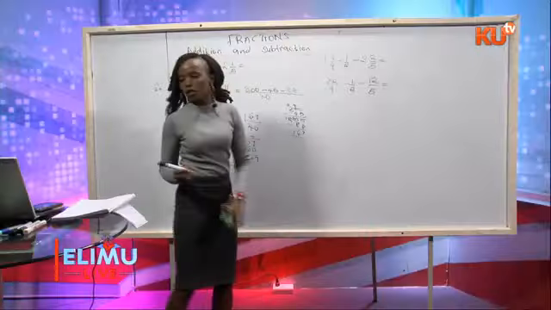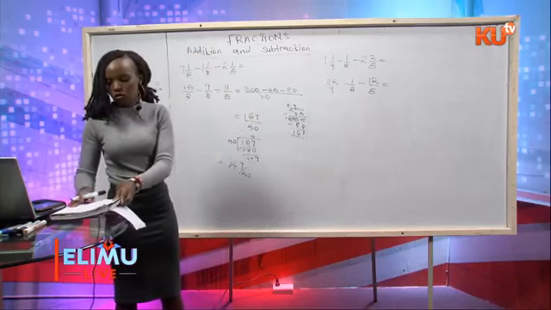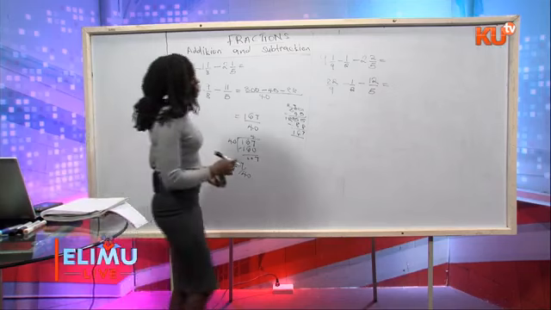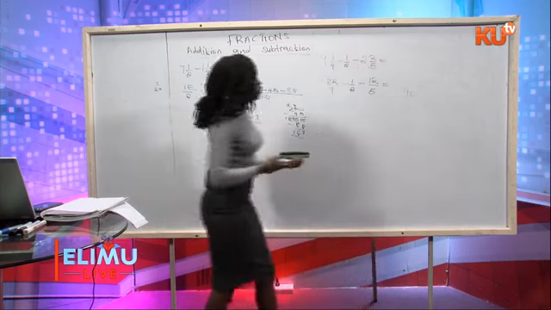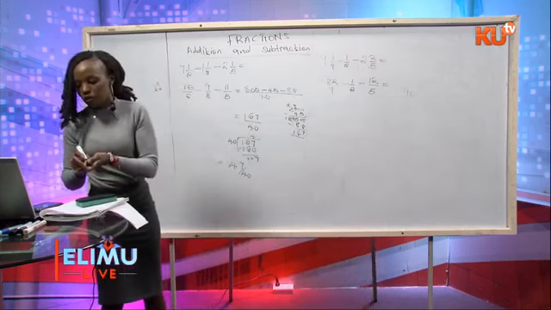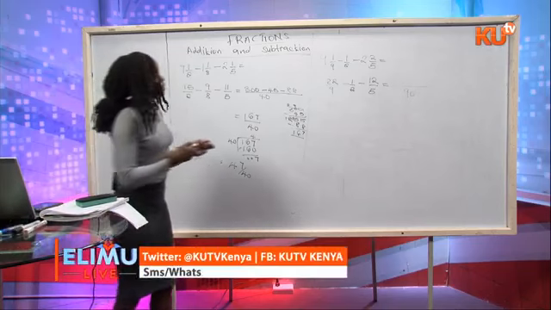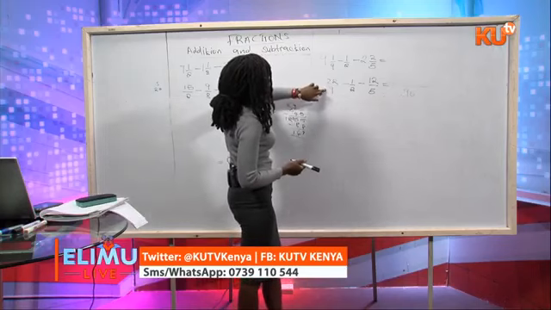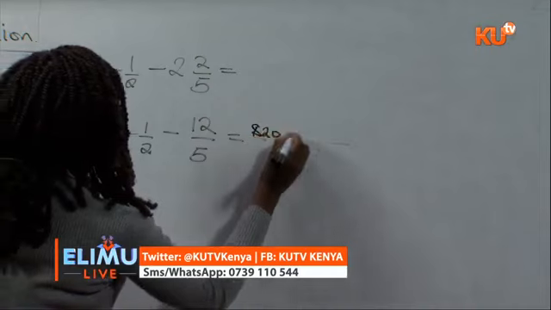So we get the LCM. The LCM of 9, 2, and 5 is 90. 90 divided by 9 is 10. 10 times 82, we get 820.